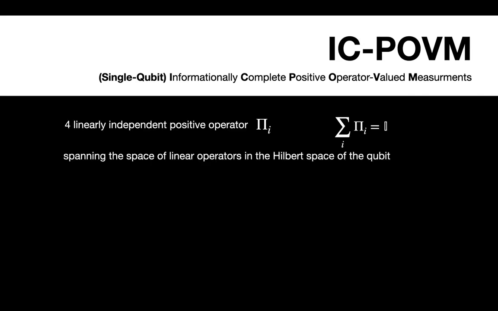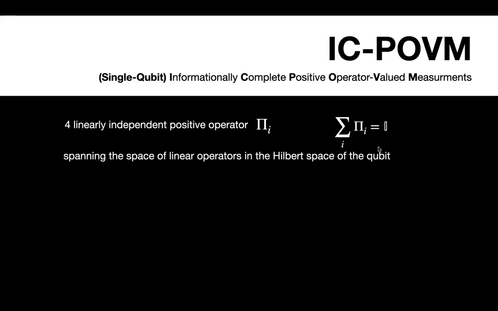And I begin with an introduction on IC-POVMs. What we will focus on specifically here is single-qubit informationally complete POVMs. So what we are talking about is a set of 4 linearly independent positive operators that I indicate here with Π_i, which have the property of spanning the space of linear operators in the Hilbert space of the qubit, and of course they add up to identity.